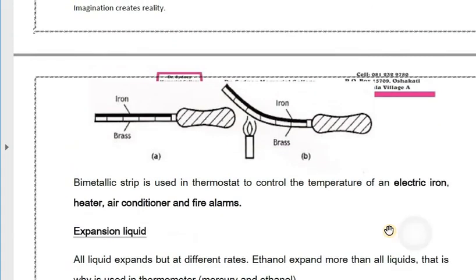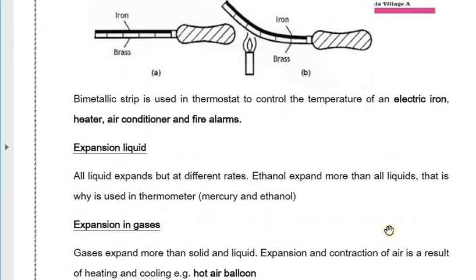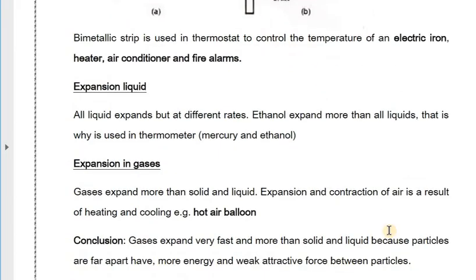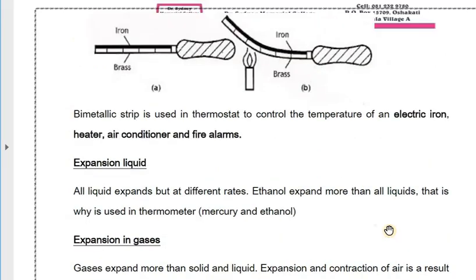We also have the bimetallic strip in the video. I'm going to put a video on top of this frame, and you're going to see how a bimetallic strip actually works and helps with something called a thermostat. I hope you know what thermostats are. They're there in your irons. When you're ironing, sometimes you see the light on the iron go on, and then the heat will start increasing, but after a while, the light will go off.